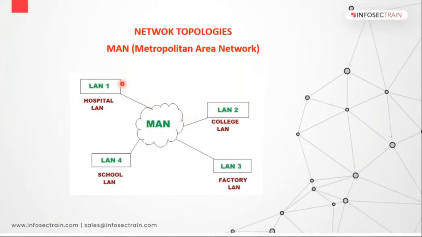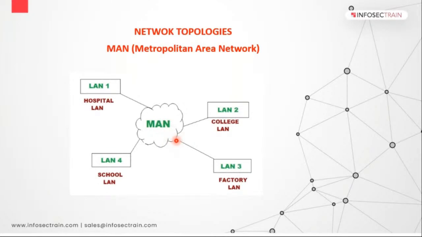LAN 1 is your hospital local area network, LAN 2 is college local area network, LAN 4 is school local area network, and LAN 3 is your factory local area network. These all are connected with each other, they are accessing the internet. So that is how people from that city are accessing the internet. That is your metropolitan area network.